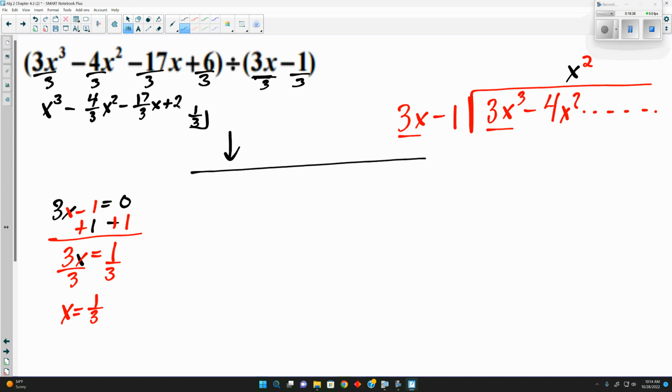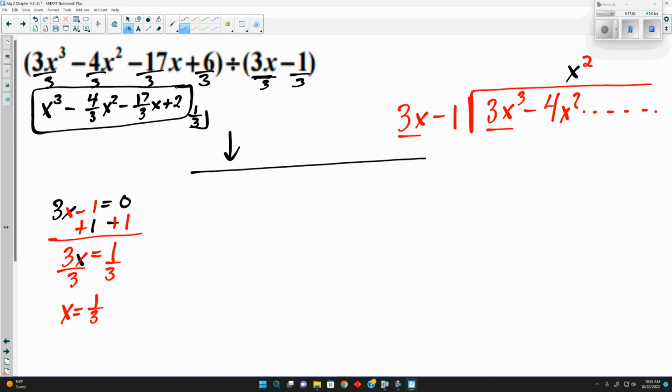So you could write that above it or below it, but whenever the biggest variable in the divisor is not 1, we have to divide everything by whatever that number is. So we end up with x cubed minus 4/3 x squared minus 17/3 x plus 2.